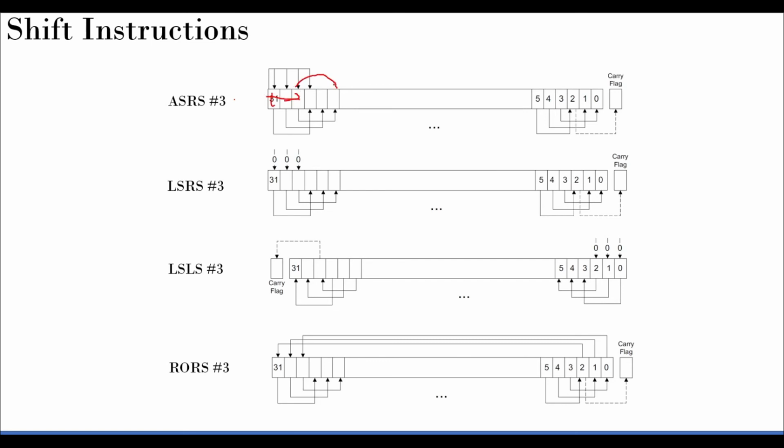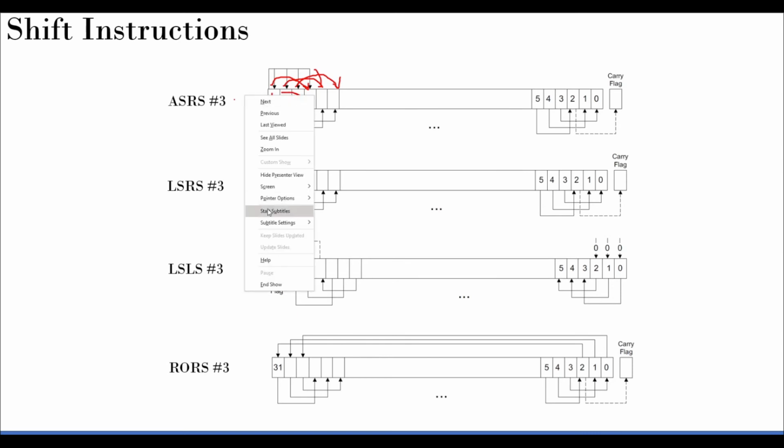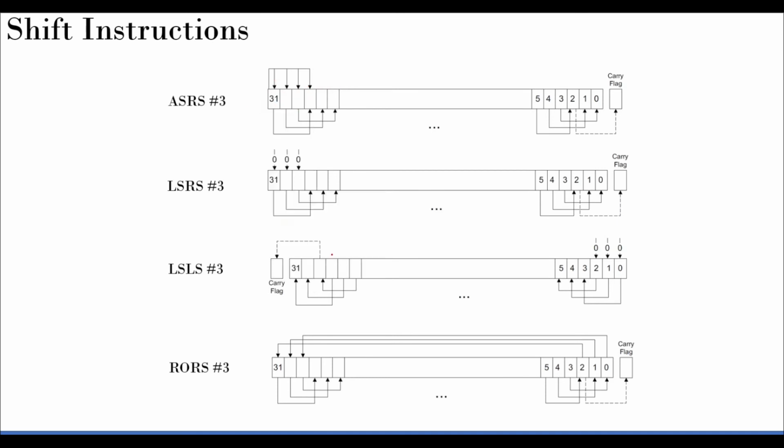This bit will come and sit here, this one here, and this one here, and then these 3 bits will be the replica of the sign bit. But the logical shift right will not do that. This will be 0. So there's only one difference between arithmetic shift right and logical shift right. The most significant bit gets replicated in arithmetic shift right, while in logical shift right it will be 0 irrespective of the most significant bit.